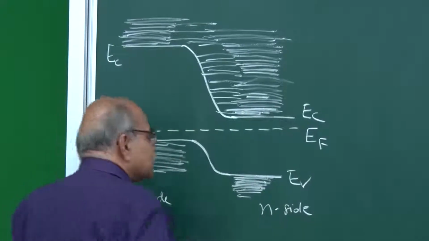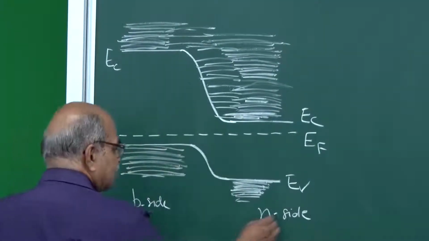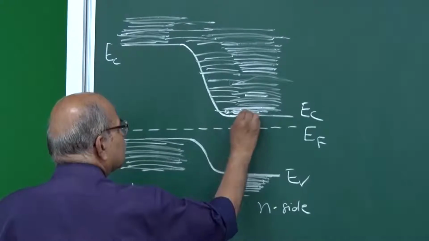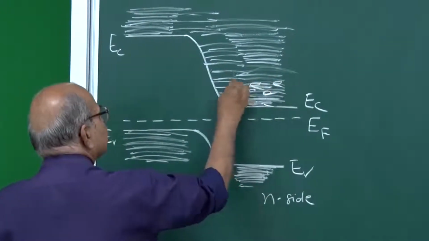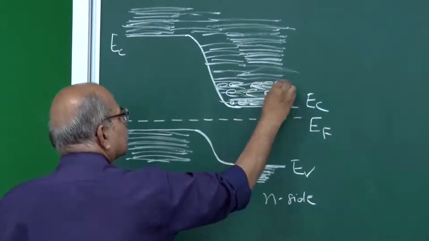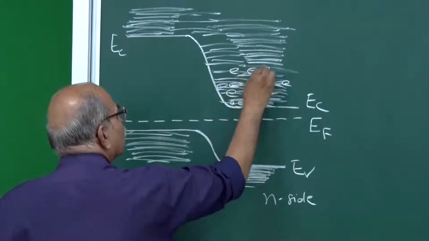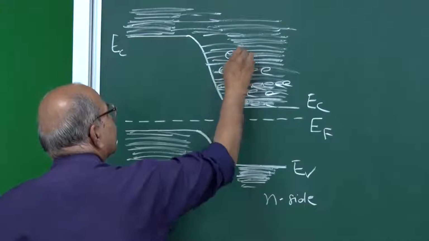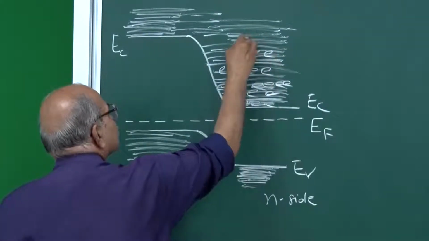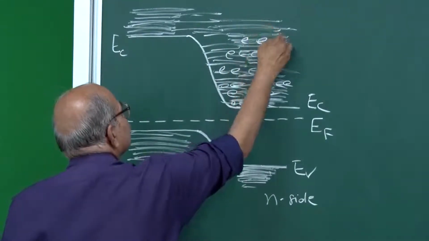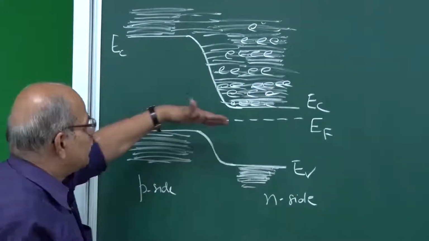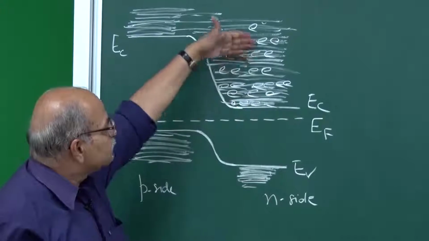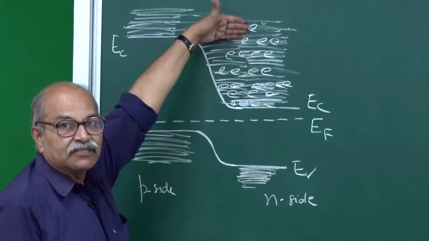We discussed all those things, and we found that on the n side you will have a large number of electrons, and as you go up in energy, the number of electrons per unit energy will decrease. Most of the time, if you are quite far from this EF, this decrease is exponential.